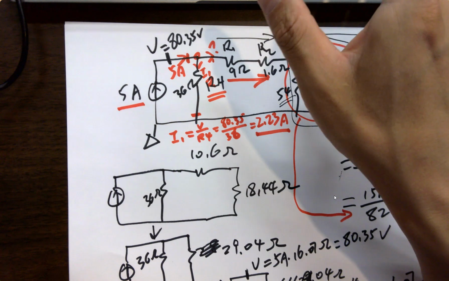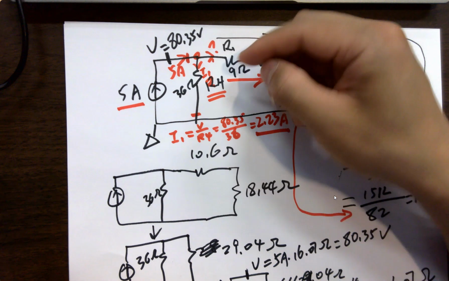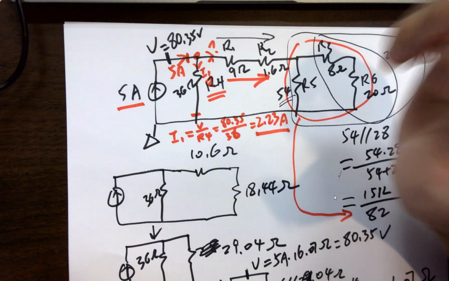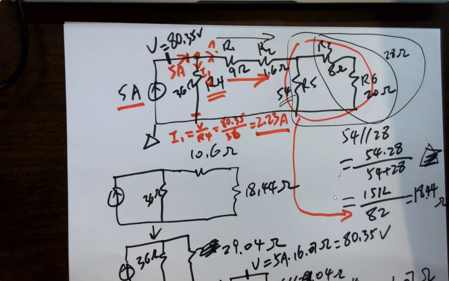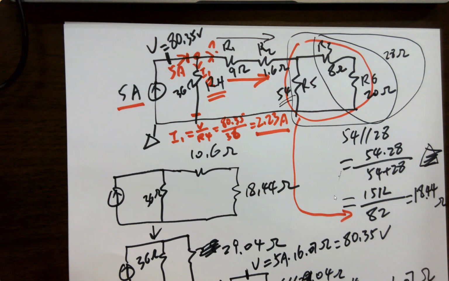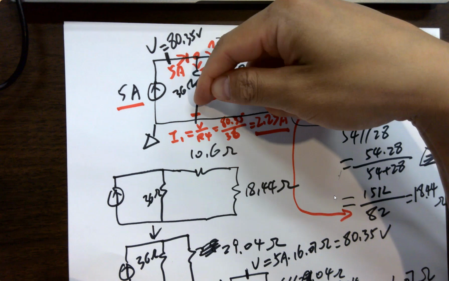No problem on that. However, for these two branches, why could you just directly draw an arrow like that? Why? Who told you? Is there any problem if I just draw an arrow like that? Any problem with that? Why no problems? So one, I just draw the current flowing down.